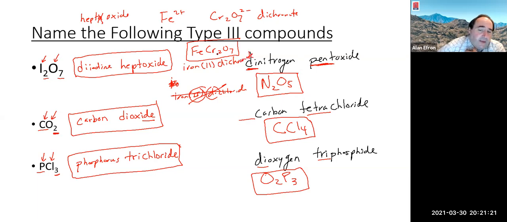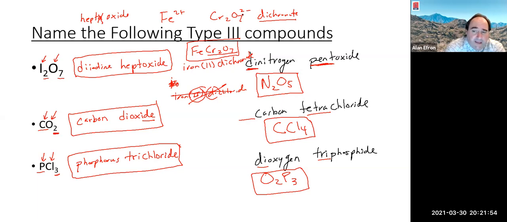It's dichromate not because there are two of these, but because that's the actual name of it. That's the only place you might potentially see those two things together. 99% of the time, if you're putting Roman numerals and prefixes together, you're probably doing something wrong. It is possible, but it would involve a prefix that already comes with a polyatomic ion.